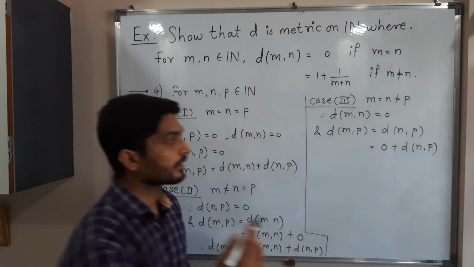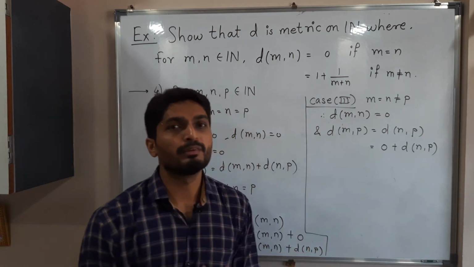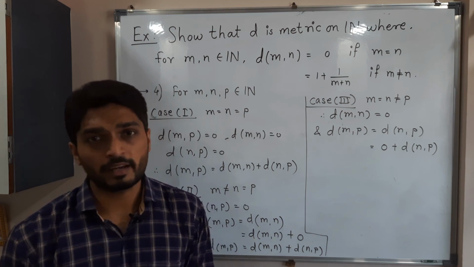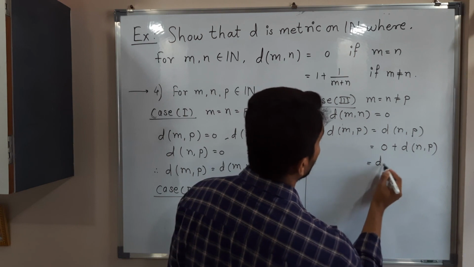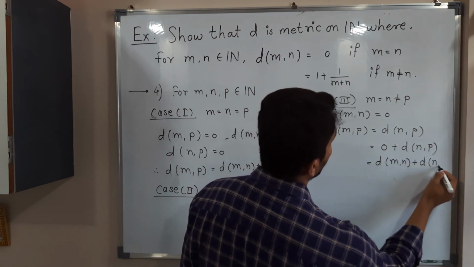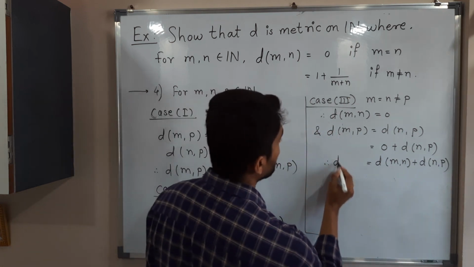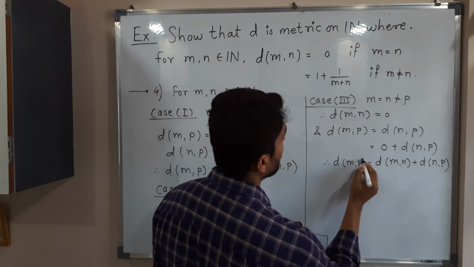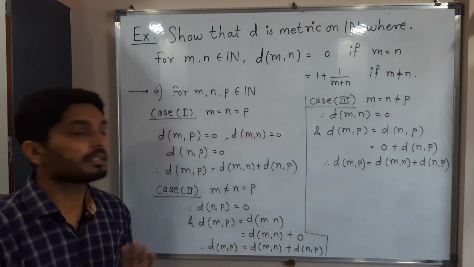I hope all of you are getting my technique, how to prove this one. I'm adding simply 0 before it. If you add 0, it doesn't matter, we have equality. But 0 is the value of d(m,n). So therefore d(m,n) + d(n,p). Agree with me? So what is our left hand side? d(m,p). We get equality again. In this case also we get equality.